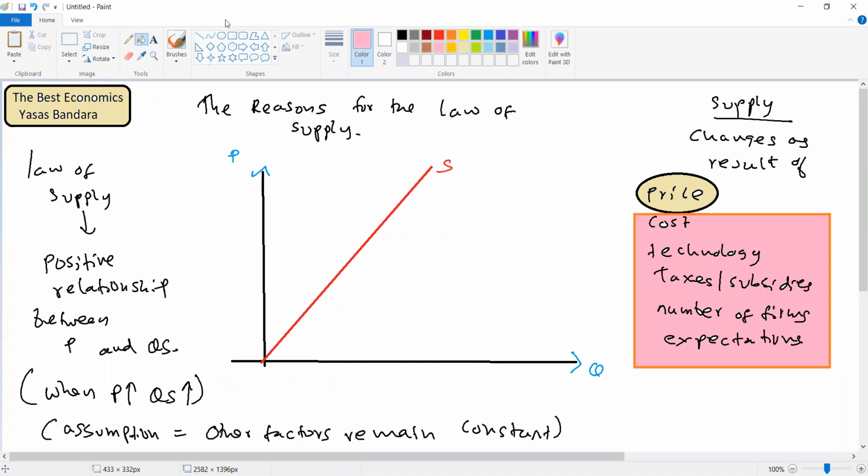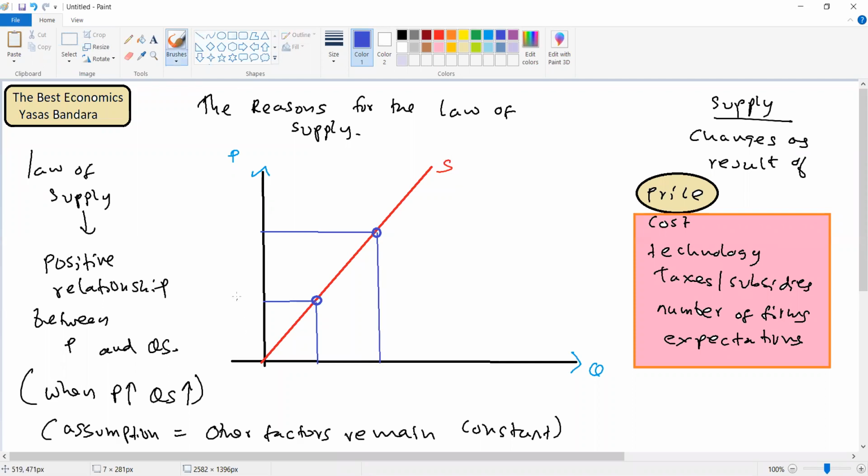And if price changes, what will happen to the quantity supply? Here, if you select one point on the supply curve and then you take another point on the supply curve, you can see these points are related to price and quantity. This is the relevant price and this is the relevant quantity supply, and at this point there will be higher price and higher quantity.